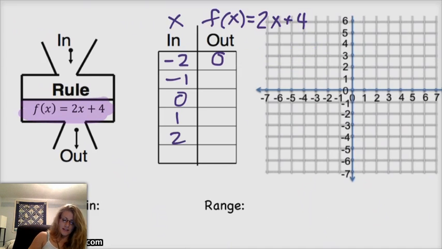Okay, next. If I plug in a -1, I've got 2 times -1 plus 4. Well, that's -2 plus 4, positive 2. If I plug in 0, I get 2 times 0, which is 0, plus 4, that's 4. Plug in 1, 6. Plug in 2, and I get 8.